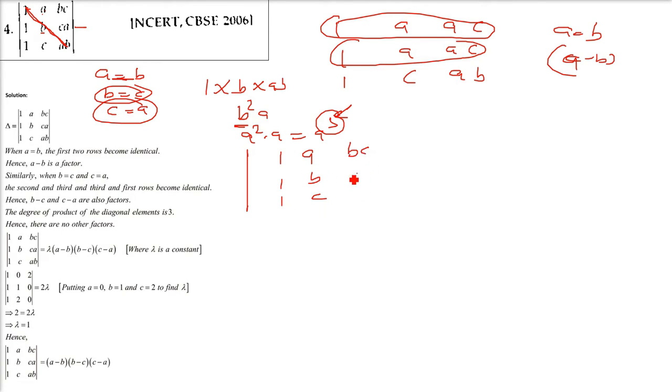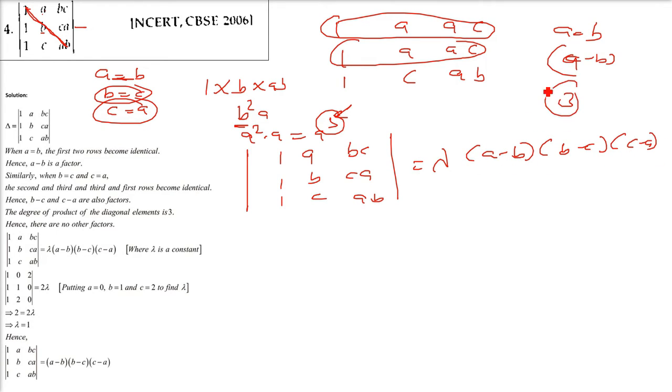That means you can just have A minus B, B minus C, C minus A. You don't have to go for any other thing. So it will be lambda A minus B, B minus C, C minus A. And since the degree is 3, you don't have to worry about any other factor. And if you remember, the a, b, c values which we generally choose are a equals 0, b equals 1 and c equals 2.